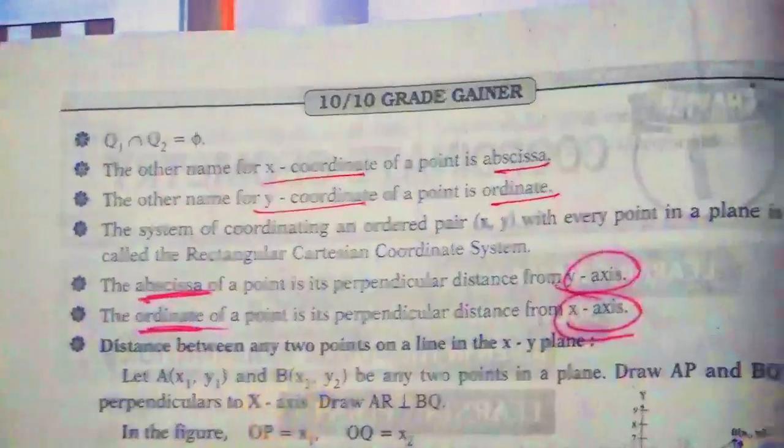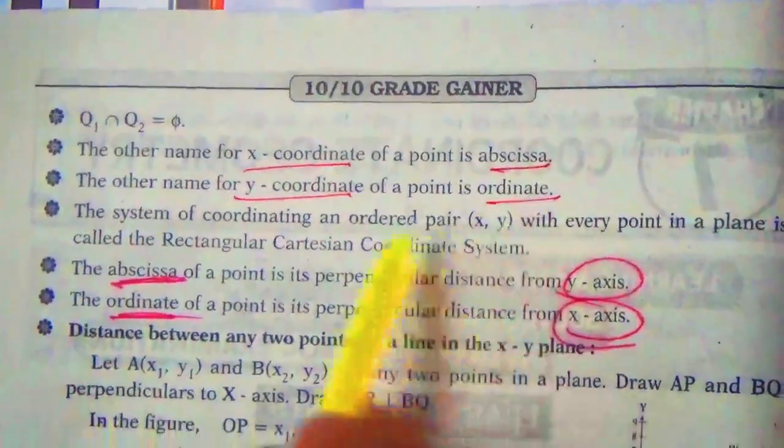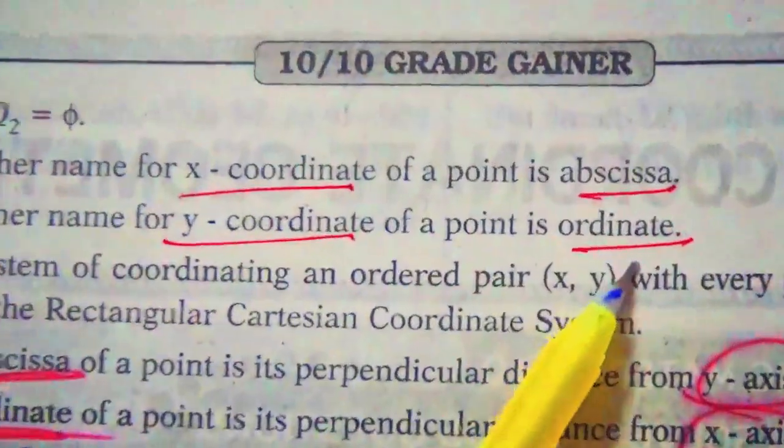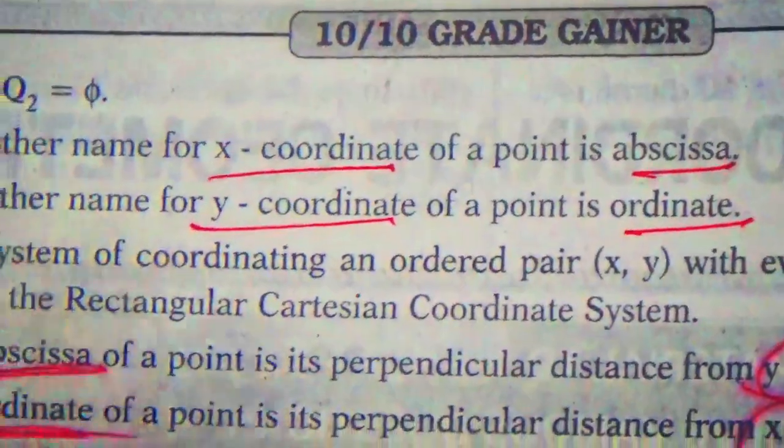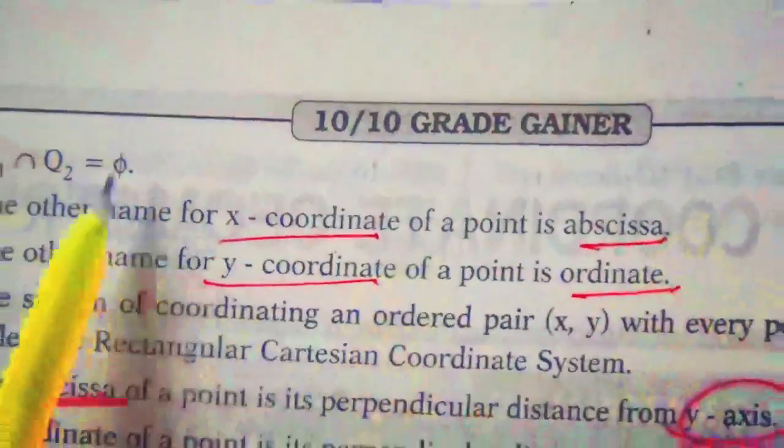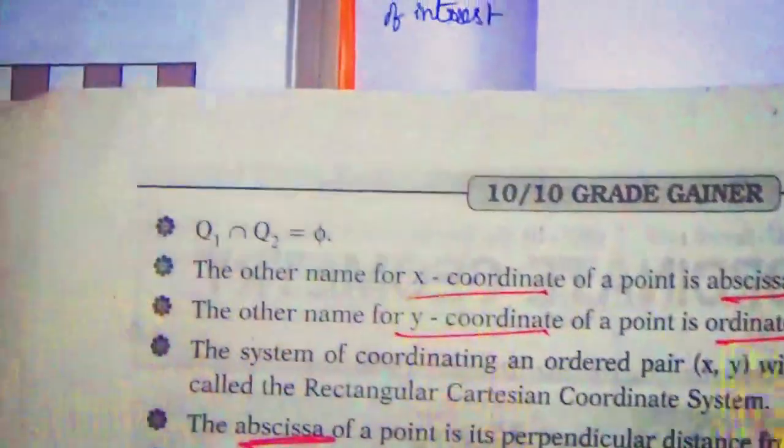Next, remember that the other name for the x coordinate is abscissa, and the y coordinate is also known as ordinate. When you take the intersection of the quadrants, it gives the null set.